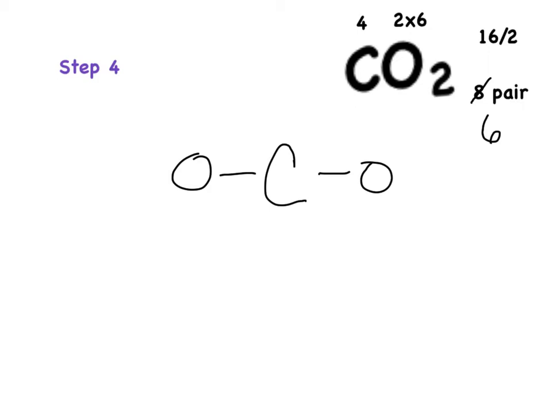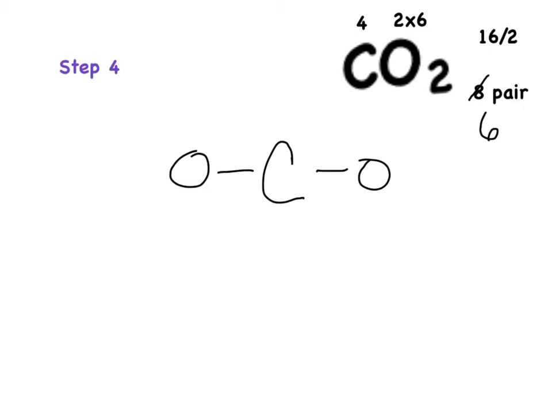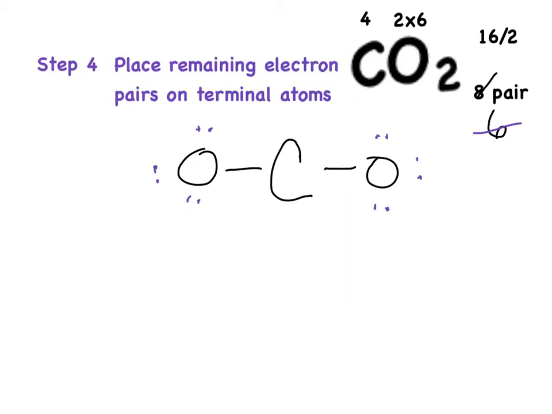And so when we do that, we'll have a pair here, a pair here, a pair here, 4, 5, and 6. And so now I've used up all of my bonding pairs. If we had any electrons left over, then they would be placed on the central atom.